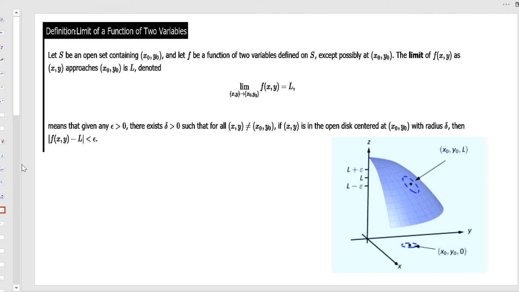Okay, so this is our function z equals f of x comma y. This represents the surface. Here we have one point x naught, y naught, and 0. Since this is on the xy plane, z equals 0 here. So this is the point we have calculated. Now, for example, L is the z equals L here.